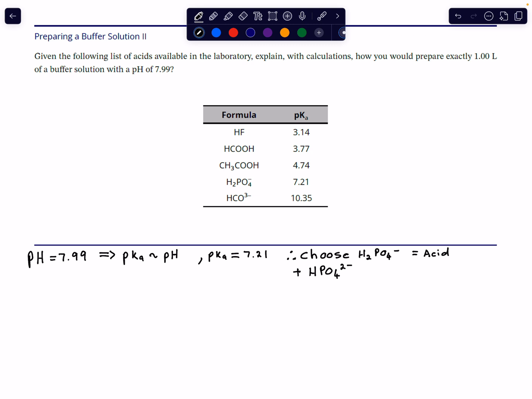We already know the pKa is very close to the pH. Now the question is, how are we going to get that pH exactly to what we want? The answer lies in fine tuning our ratio of the base concentration to acid concentration.